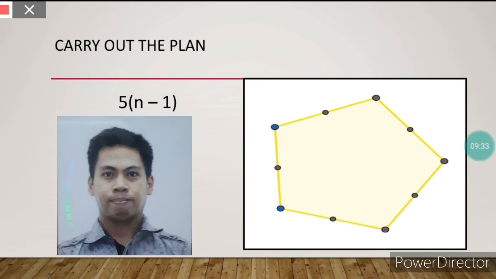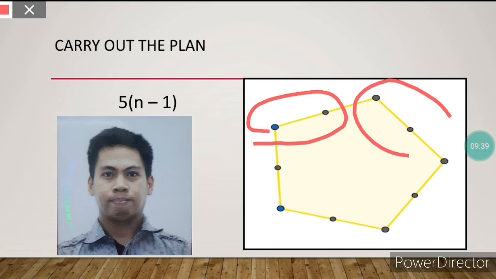If the polygon is a regular pentagon, we can solve the total number of dots using the formula 5n minus 1.